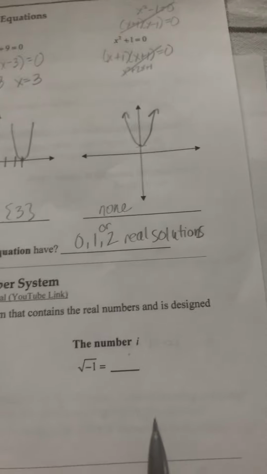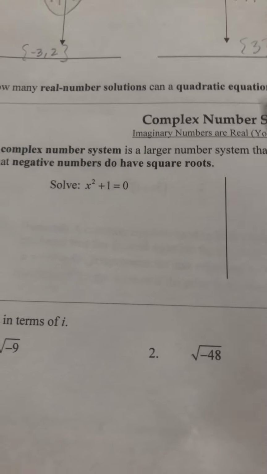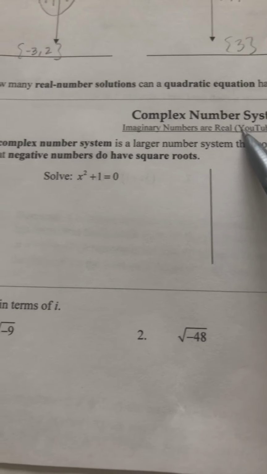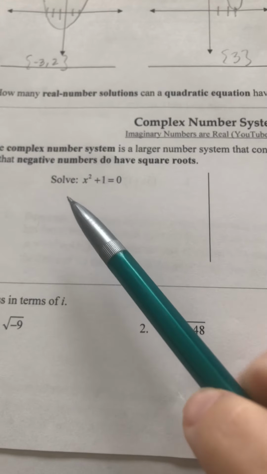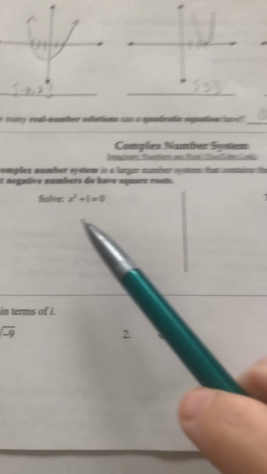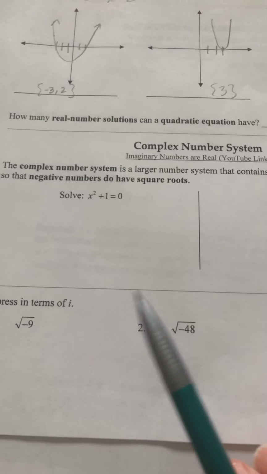So now we come to that last problem. Let's look at this. And if you want, you can look at this video on YouTube. The complex number system was invented so that we would have solutions to problems like this.